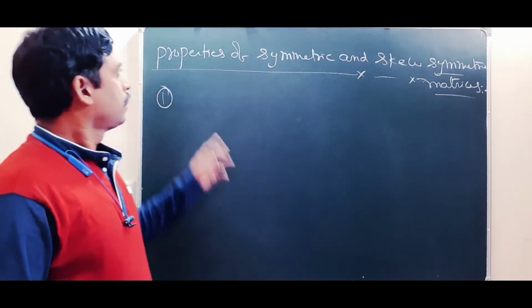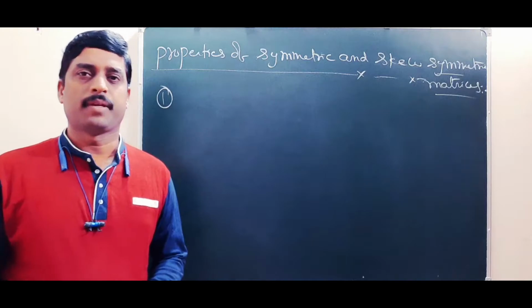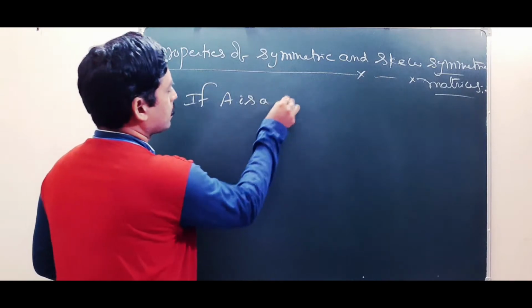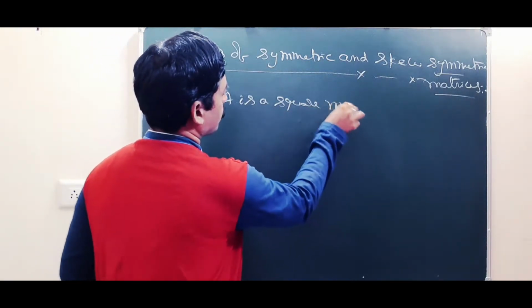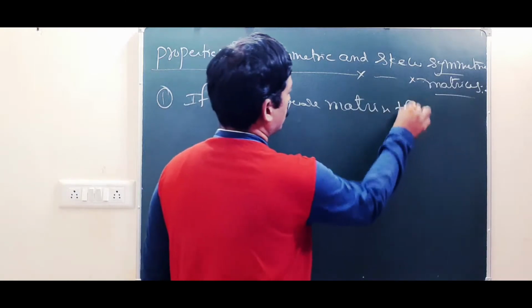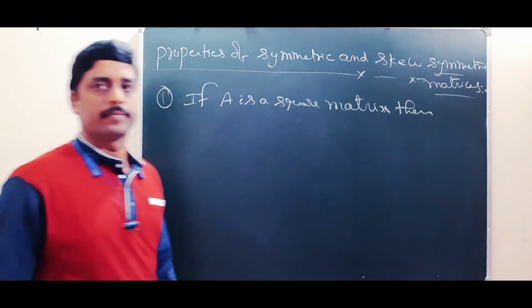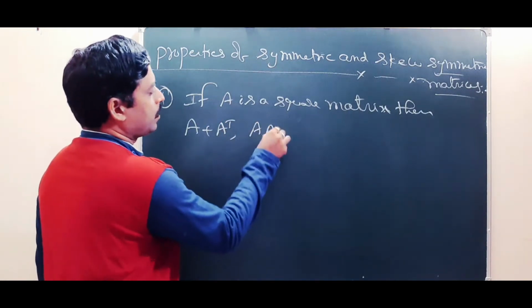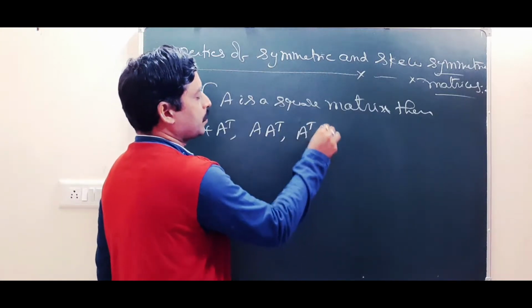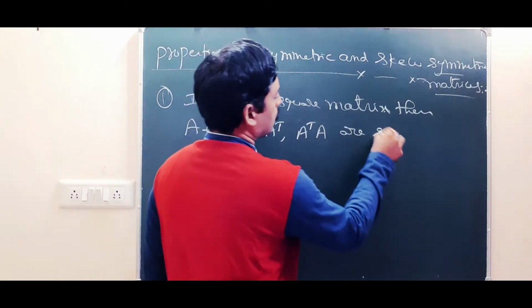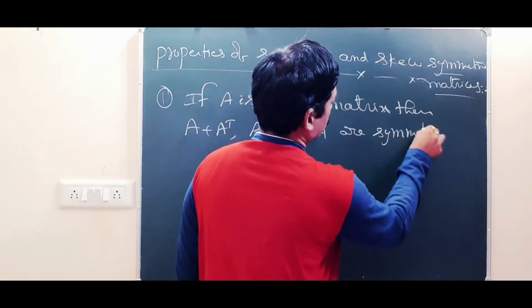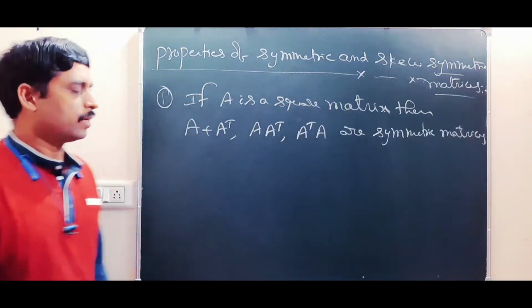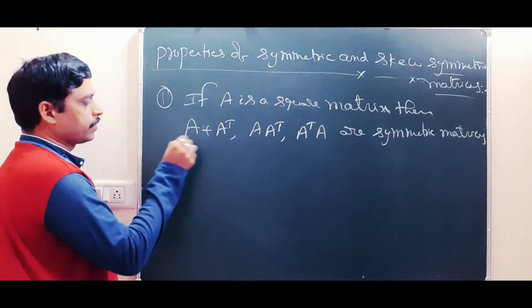Now let me explain important properties of symmetric and skew symmetric matrices. First point: if A is a square matrix, then A plus A transpose, A into A transpose, and A transpose into A are symmetric matrices. Let us explain the first point.